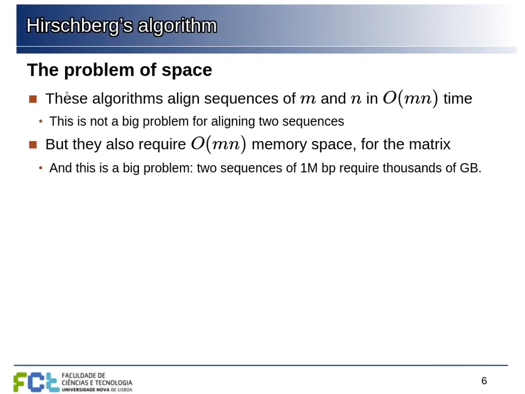So when we compute these matrices for the alignment scores, we have a matrix that has as many rows as the length of the first sequence and as many columns as the length of the second sequence. So this means that we're going to do on the order of this number of computations to fill up the matrix, and this is the order of time that we're going to take.